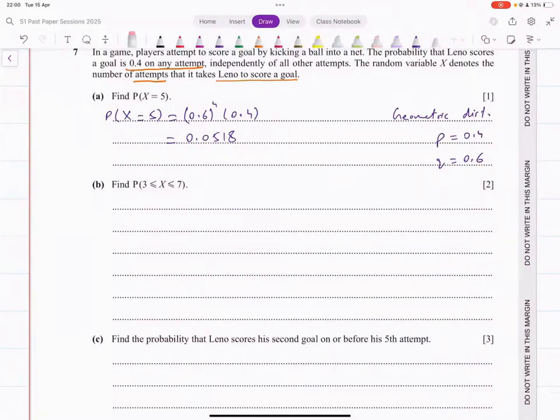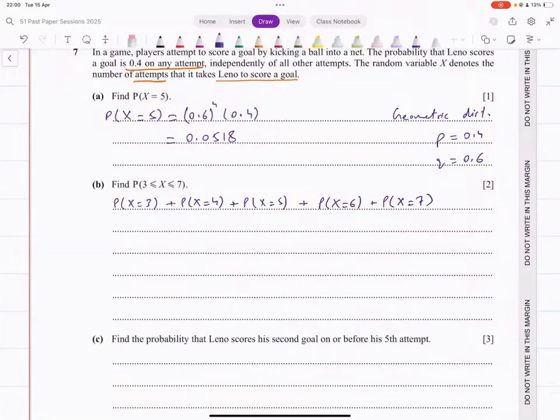Now, that's a limited number of values. If we want, we can calculate them separately, and that should work. So one way of doing this could be that we say this is the same thing as probability of x equals 3 plus probability of x equals 4 plus probability of x equals 5 plus probability of x equals 6 plus probability of x equals 7. That's 5 probabilities. If you want to calculate all of them, that works.